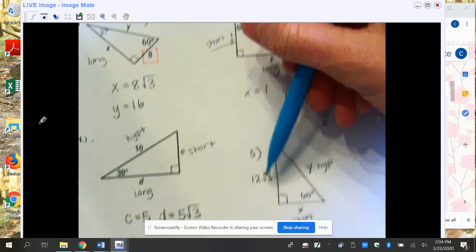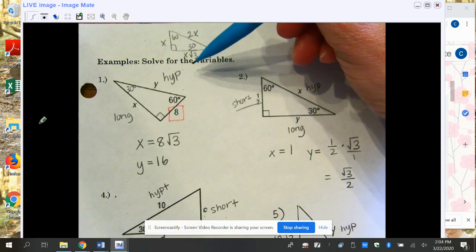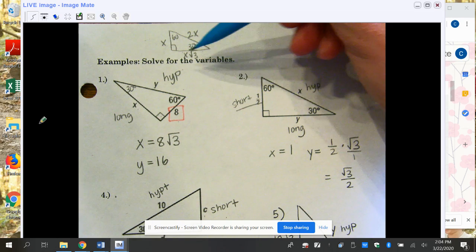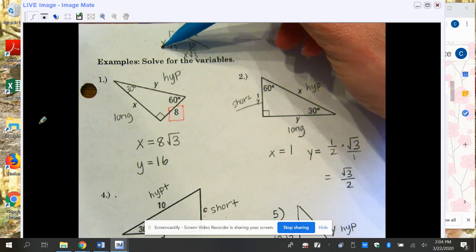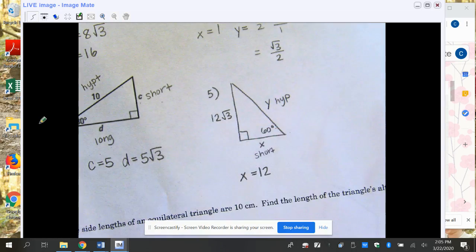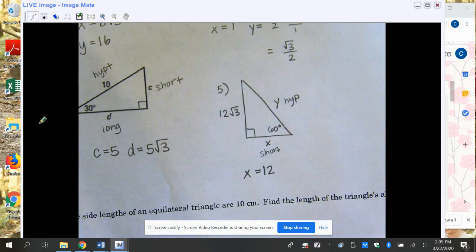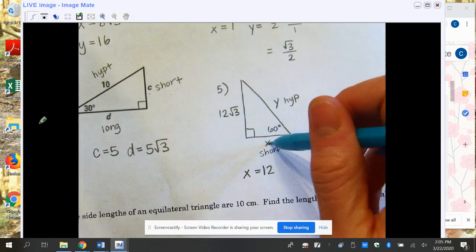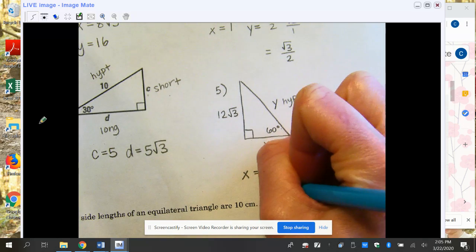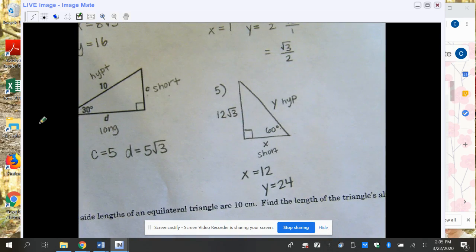So if this is always x times the square root of 3, and that's just x, that means that this short side is just going to be 12. So I'm just going to take off that radical 3, just like I did with the 45, 45, 90. So I'm just working backwards here. And then that means the hypotenuse would be 24, 2 times as long.